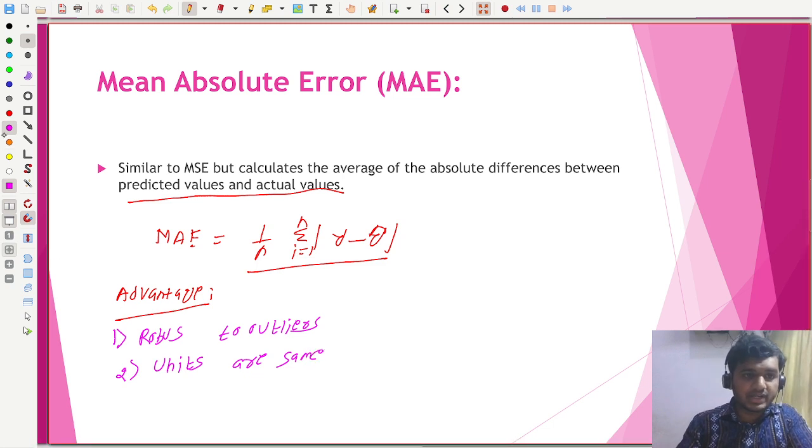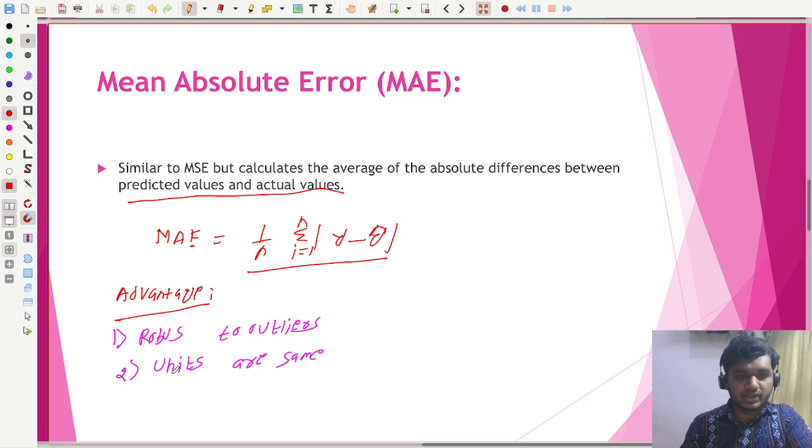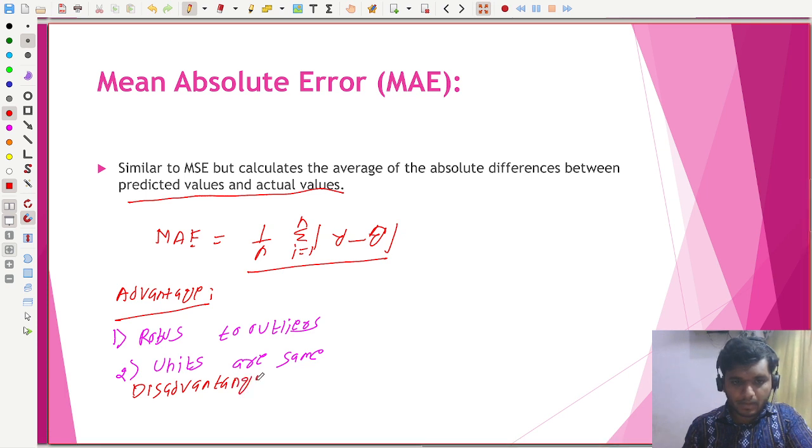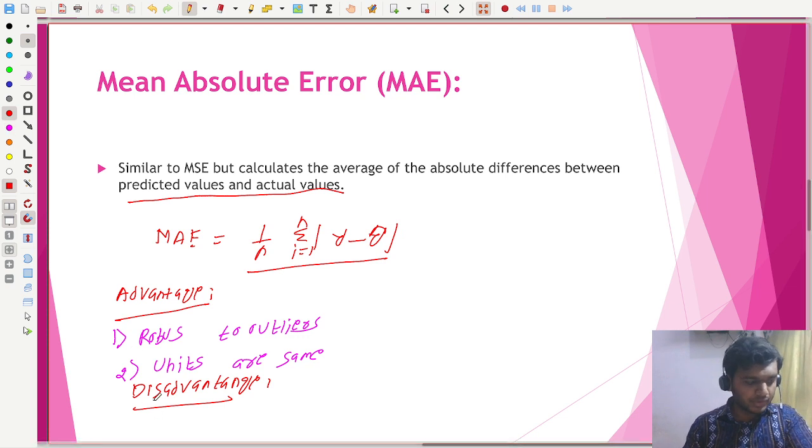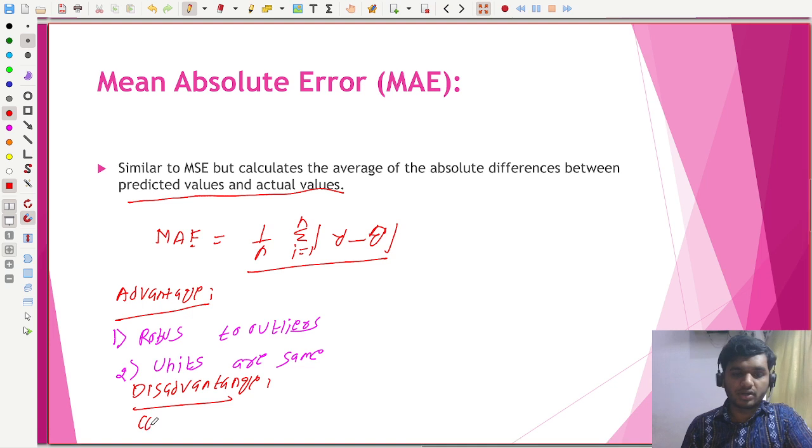And the disadvantage of mean absolute error is convergence. It will take time for convergence, it will take time.